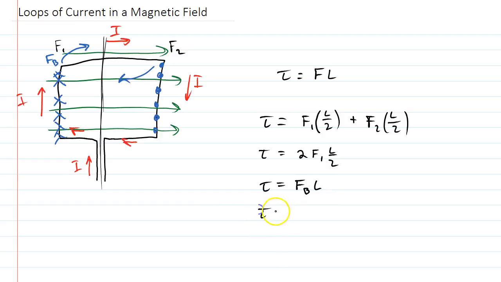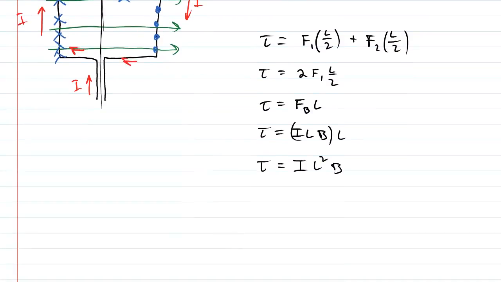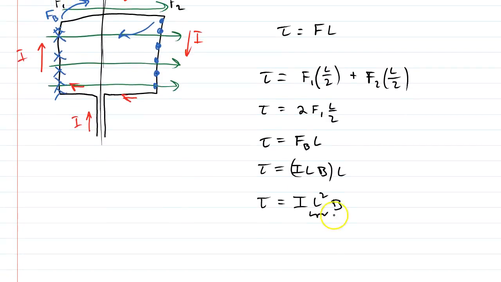Now if I substitute in the magnetic force created by a current, it's going to be ILB times L. And so really the torque created is going to be current times L squared times B, and a lot of people will just take this L squared, and since it's a square, that's really just the area of the square.